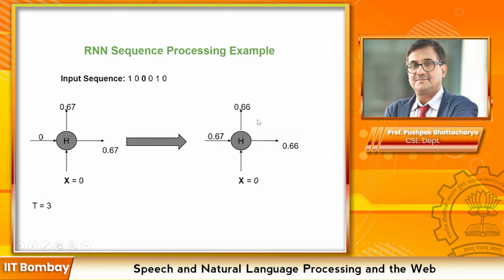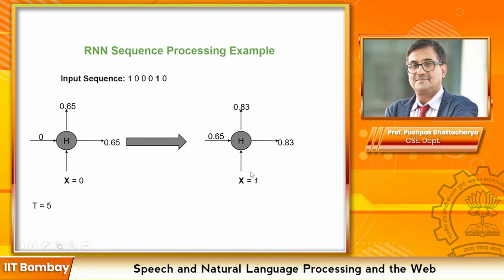In the next stage, 0.67 is fed back. Input is 0. 1 by 1 plus e to the power minus 0.67 gives rise to 0.66. Next stage, 0.66 fed back plus 0. 1 by 1 plus e to the power minus 0.66 is 0.65.